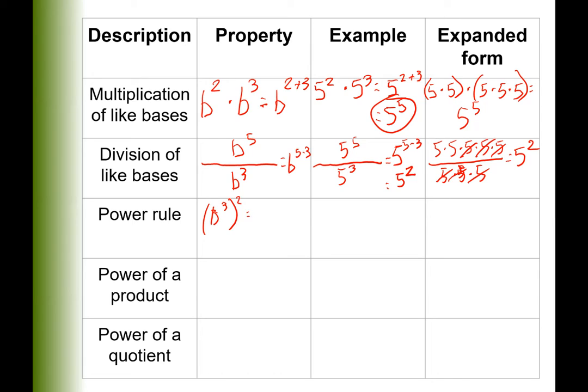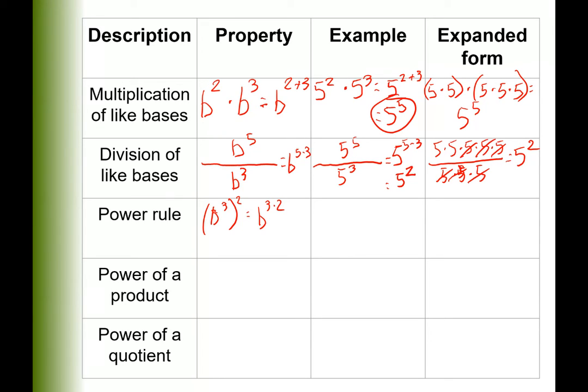With multiplication of like bases, we had to add. Division of like bases, we had to subtract. With a power rule, you end up multiplying those exponents.